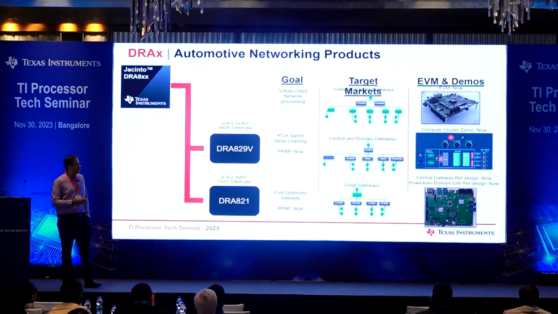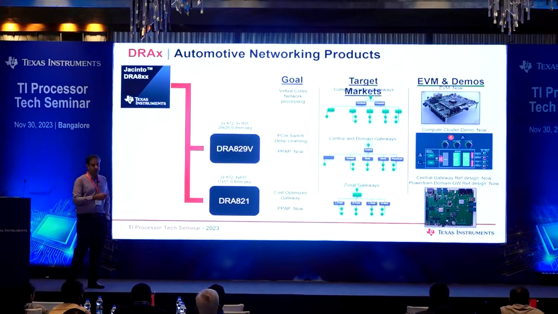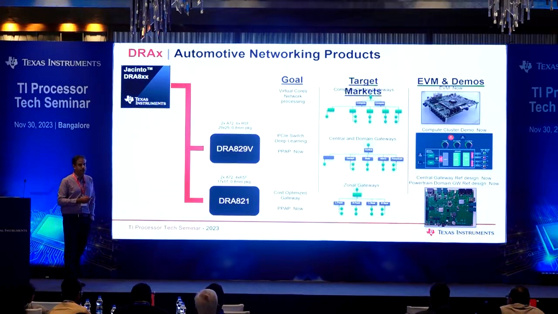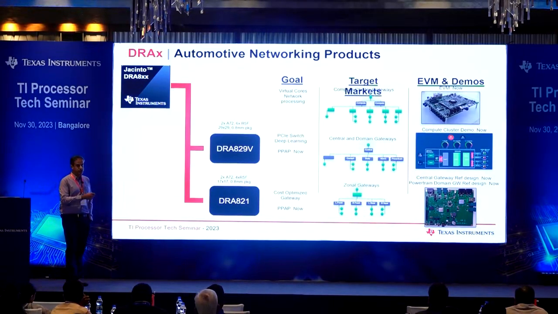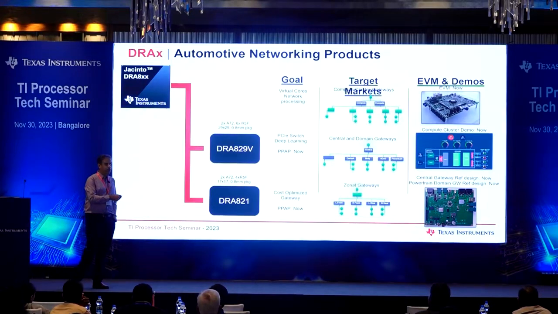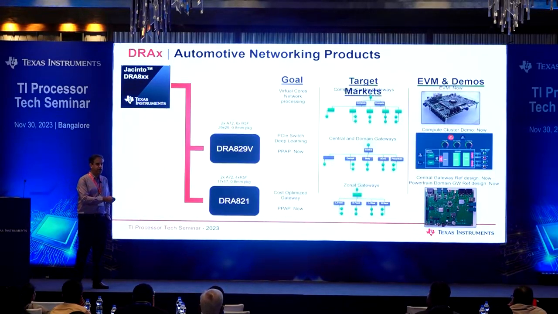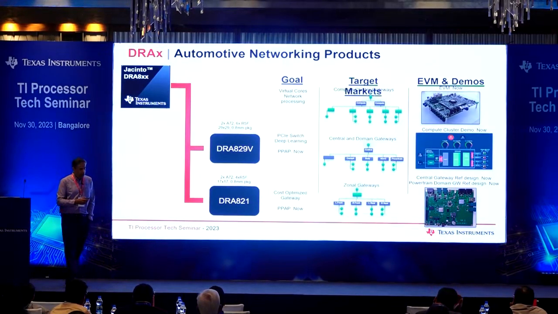They are mainly used in target markets like zonal gateways, central and domain gateways, and also connected cars and software-defined vehicles. Similar to the TDA, these are also enabled by ready-to-use EVMs, scalable software, and reference designs for you to build applications on top, and supported by the standard SDK on TI.com.